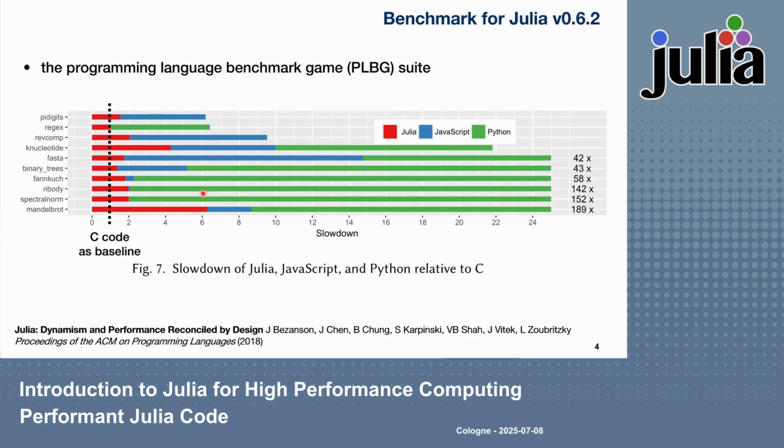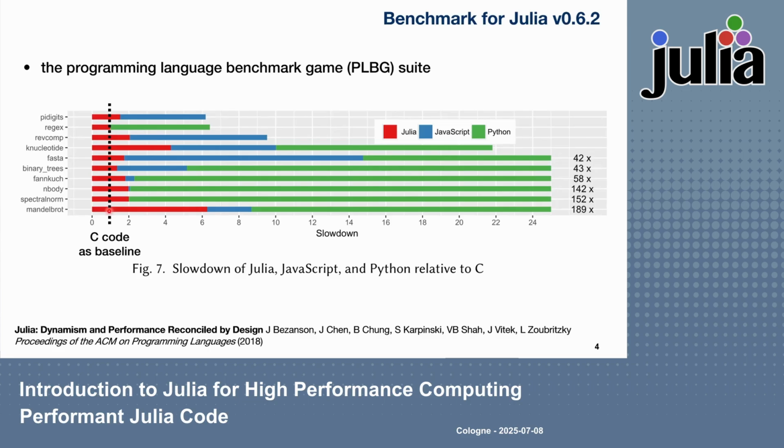This is a milestone paper for Julia development by the core developers of Julia. In this paper, they benchmarked the performance of Julia code with respect to JavaScript, Python, or whatever, using the C code as a baseline. For the online participants, I'm using this virtual laser pointer.